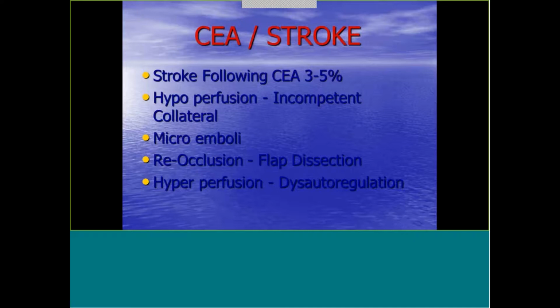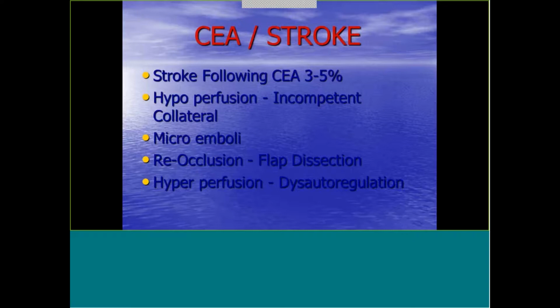The stroke is going to be caused by hypoperfusion, which, what does that mean? It means that your brain is not getting flow because you don't have good bridges. Incompetent collateral pathways.